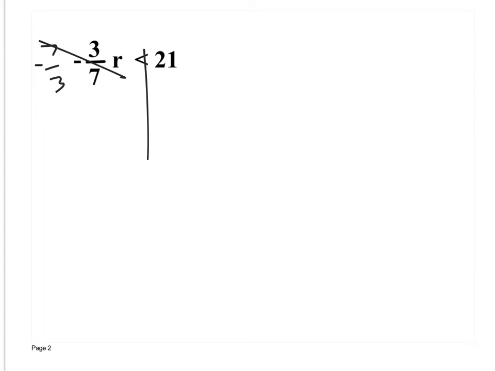Which cancels everything out. So R drops down, and I multiply this side by the exact same thing, negative 7/3. I find a couple of things that I can cancel out, and I get my number. That'd be negative 49, because 7 times negative 7 is negative 49.